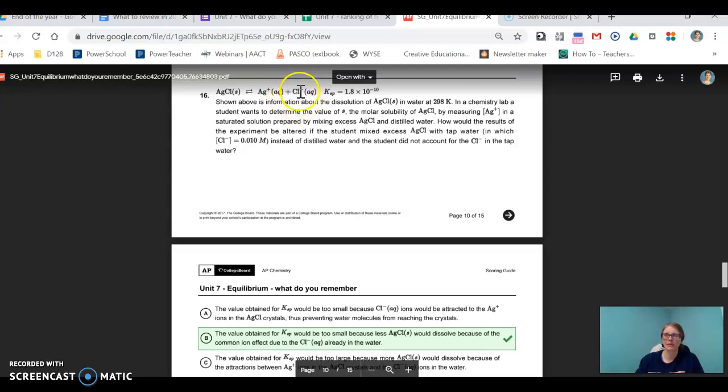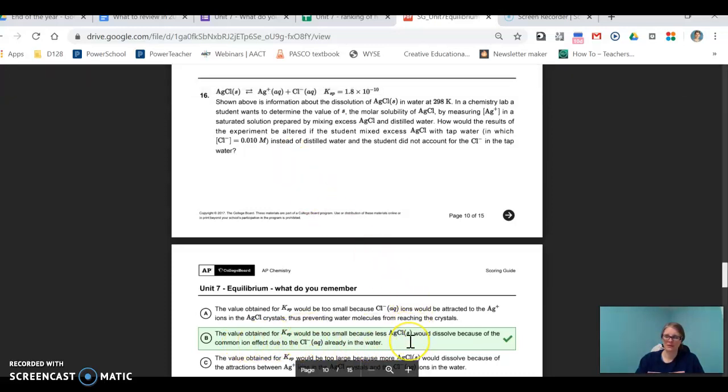There are chlorine ions in tap water. If I have some chlorine inside there, then it will shift the reaction to create more solid, more AgCl, which would mean overall I have fewer Ag than I did before. If I have fewer Ag than I did before, the KSP value that I would actually calculate would be less than I should actually have. So that's why B would be the best answer here.